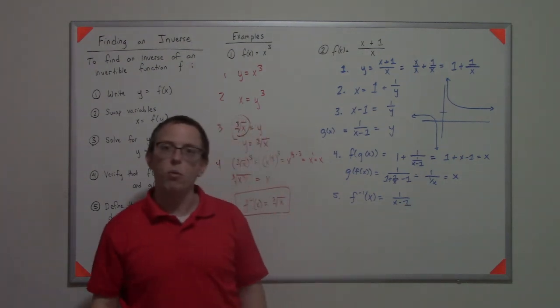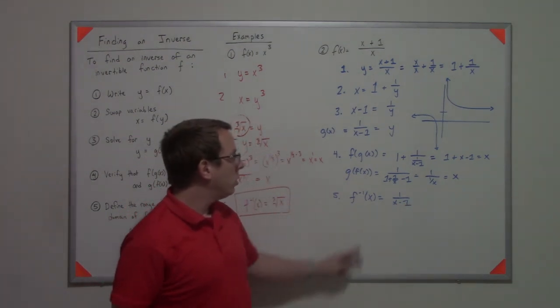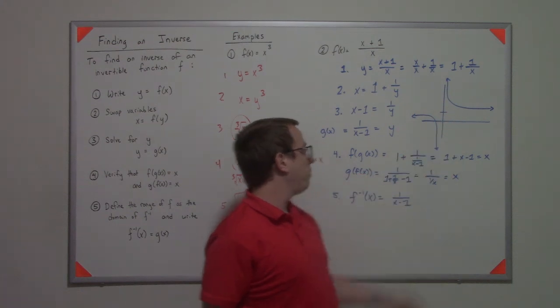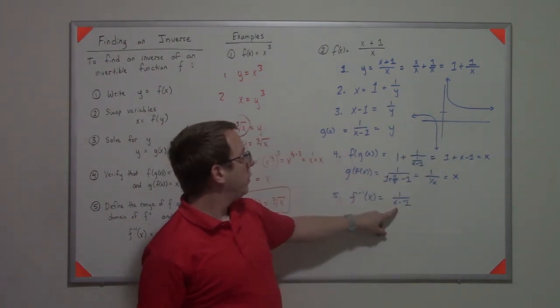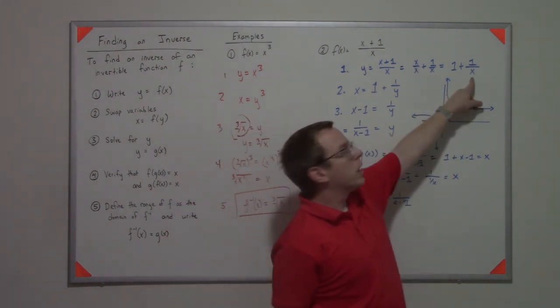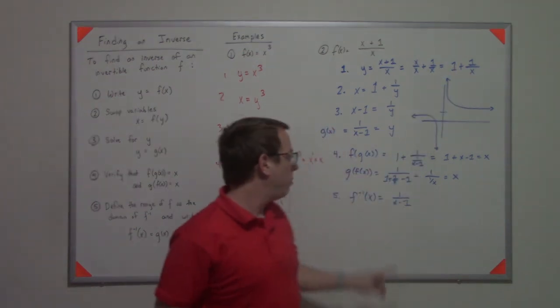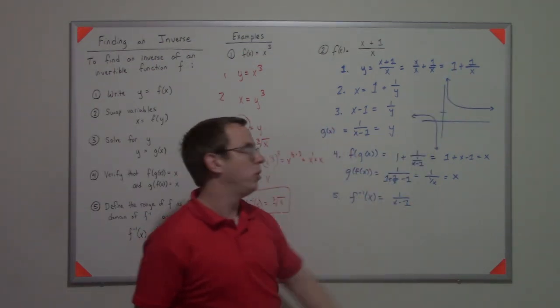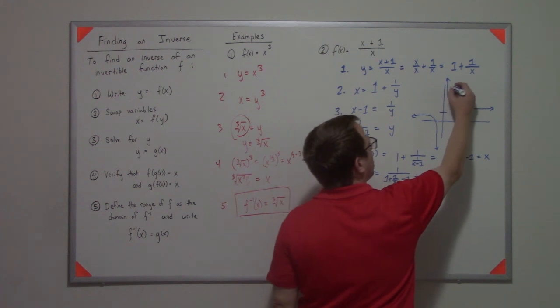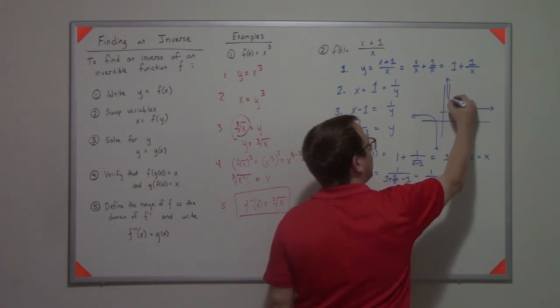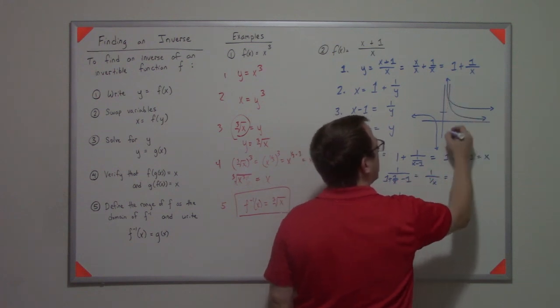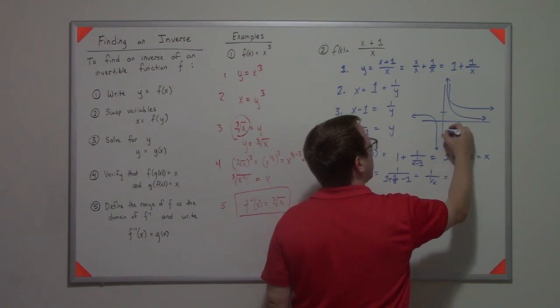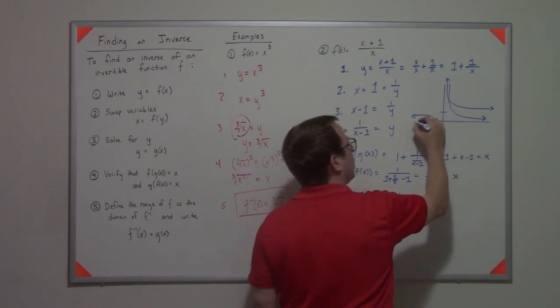Now if you were to graph 1 over x minus 1, it looks a lot like this graph, but instead of it being 1 over x shifted 1 up, this is like 1 over x shifted 1 to the right. So you have something that looks kind of like this and that.